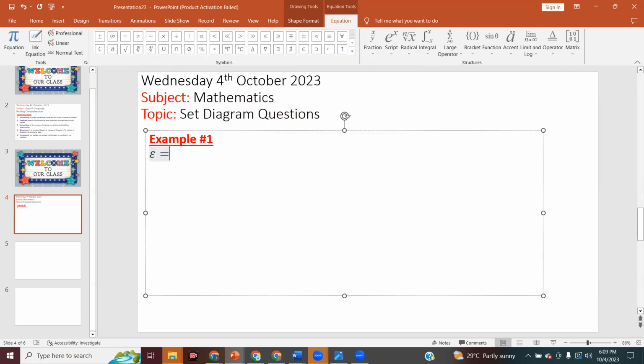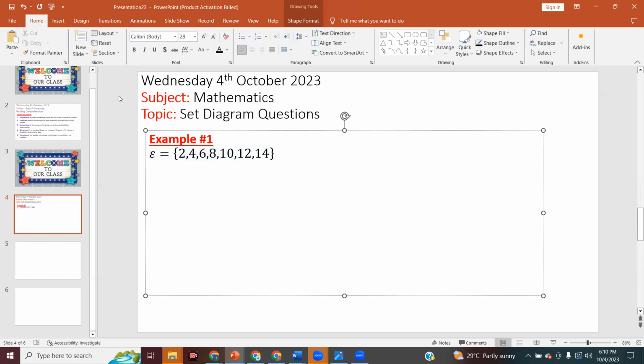And what does that mean? Universal set. And so let's say that the universal set contains the numbers 2, 4, 6, 8, 10, 12, and 14. So that's the universal set.